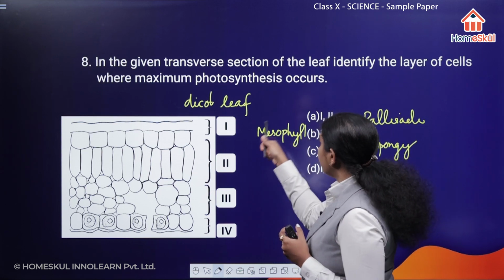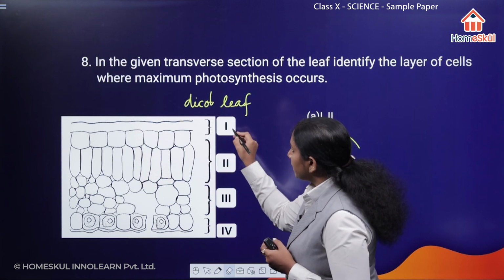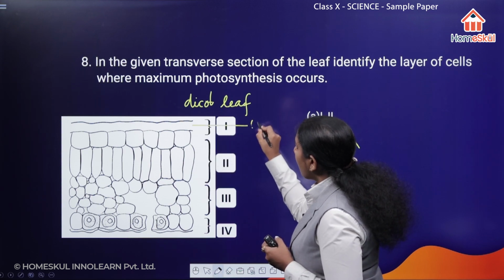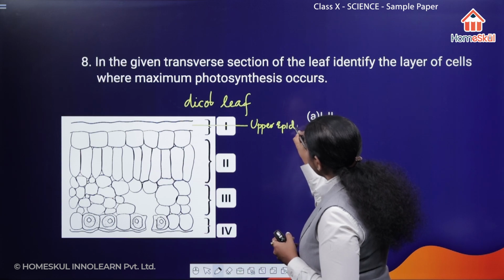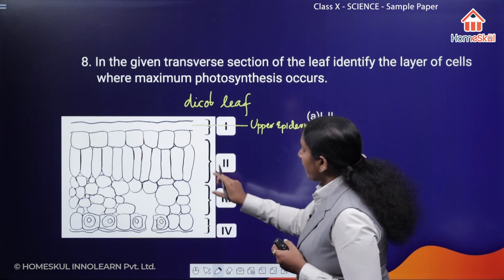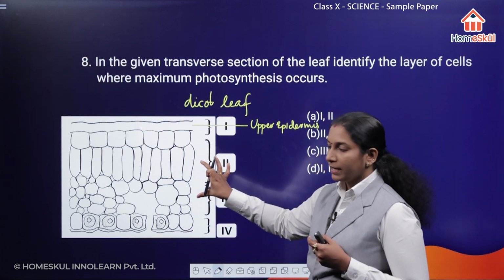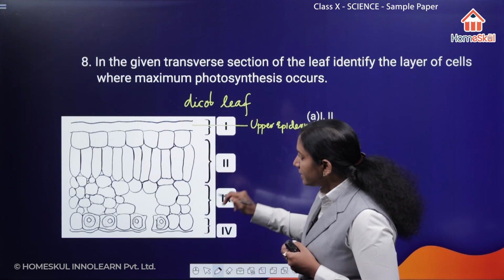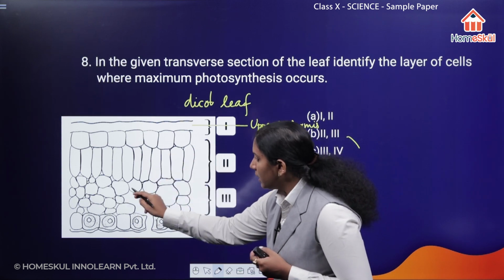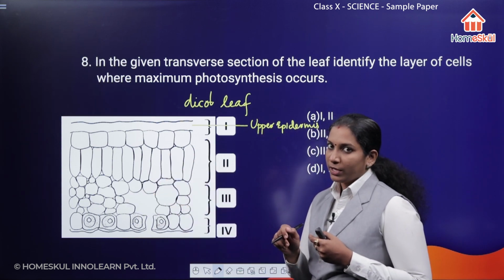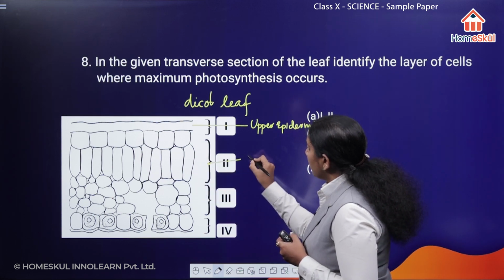So first you have to identify these labelings. Okay, and here you can see the first one, this is the what? Upper epidermis. Then you can see the mesophyll area. Okay, the mesophyll tissue is differentiated into an upper elongated group of cells and a lower spherical group of cells. And these upper elongated cells are called as what?